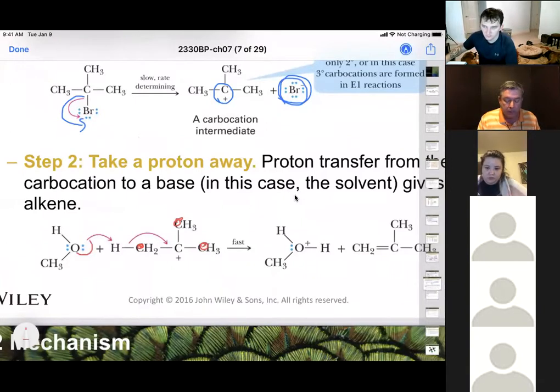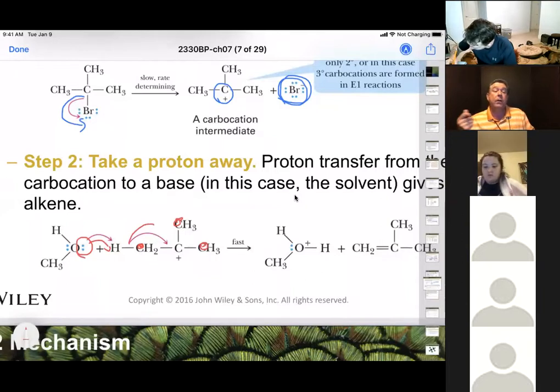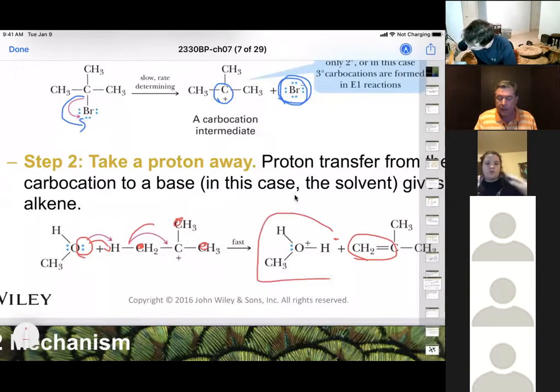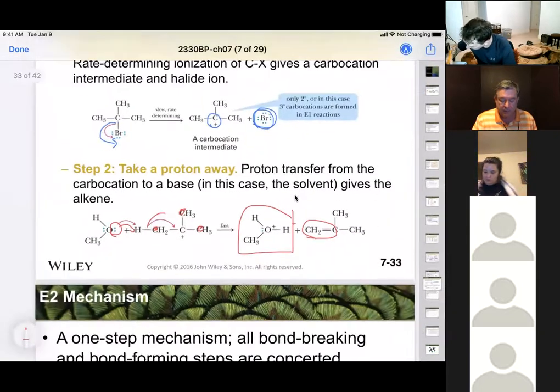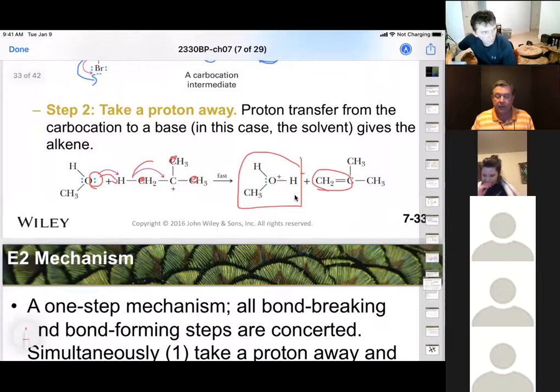The lone pair on the methanol is acting as a Lewis base, reaching out and putting those electrons onto that hydrogen, breaking the bond between the hydrogen and the carbon. And those 2 electrons move over to form our double bond right here. So we took the electrons from that carbon-hydrogen bond and turned them into a double bond. In the process, we created an acid here, this oxonium cation. So the next step might be to have an oxonium ion react with something so it regenerates the base.